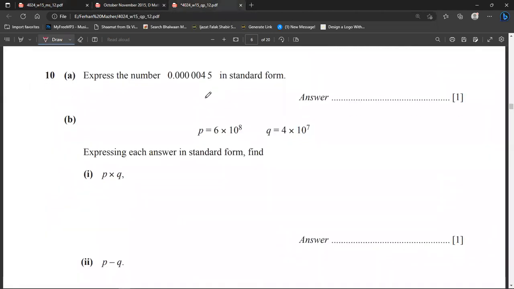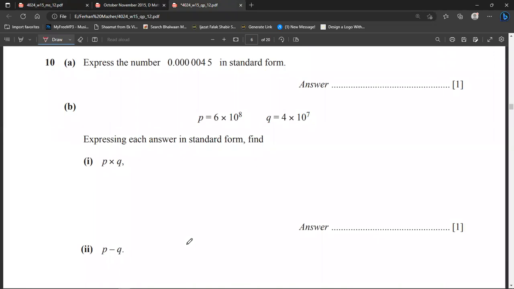Question number 10, B part. It says P is equal to 6 times 10 to the power 8, and Q is 4 times 10 to the power 7. The first part of B is find P multiplied by Q. So you just have to multiply these two.